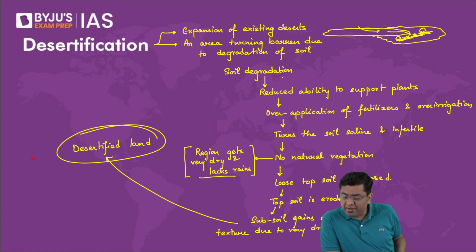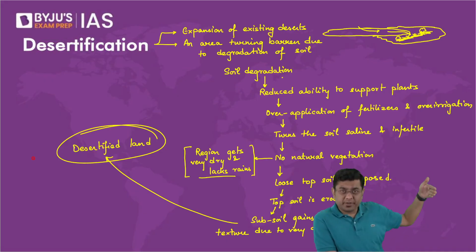And Vivek, can we refer to Antarctica as a cold desert? Desertification is creation of a desert.